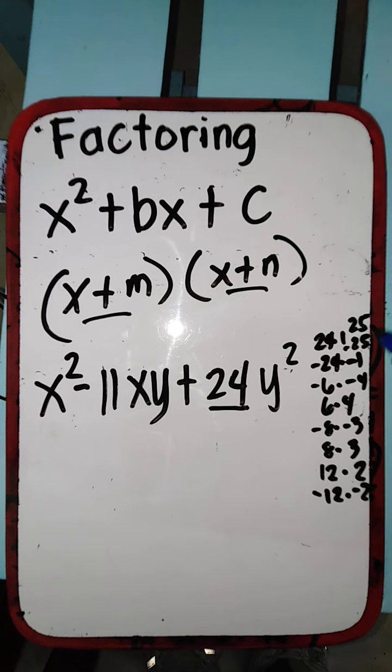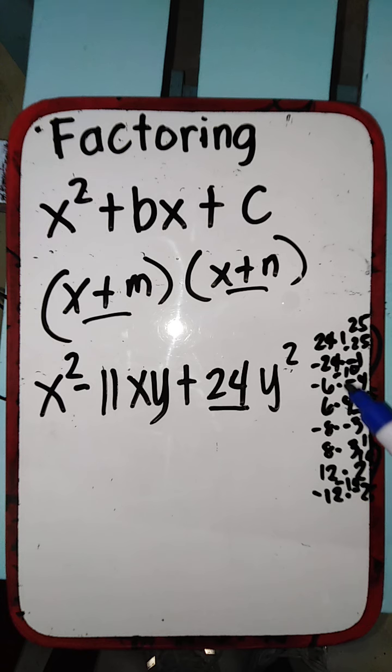Negative 6 plus negative 4, that's negative 10. 6 plus 4 is positive 10. Negative 8 plus negative 3, negative 11. 8 plus 3 is positive 11. 12 plus 2 is 14. And negative 12 plus negative 2 is negative 14.